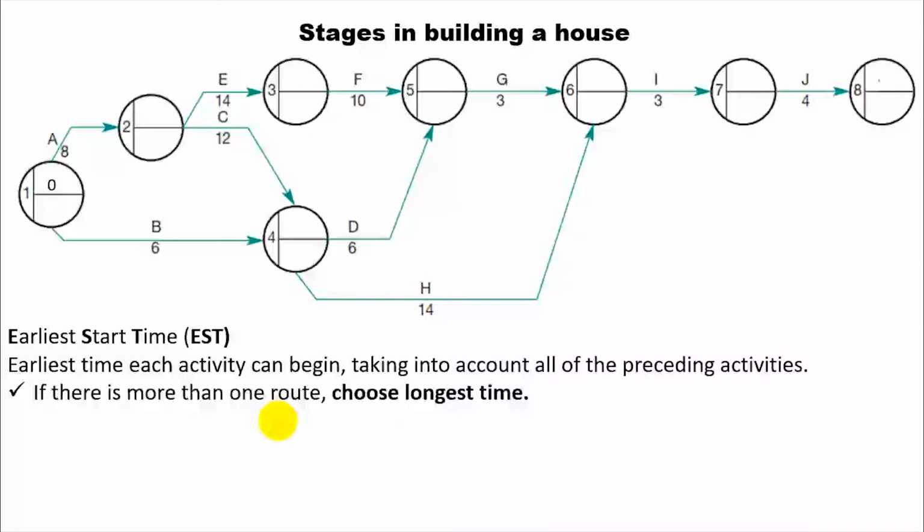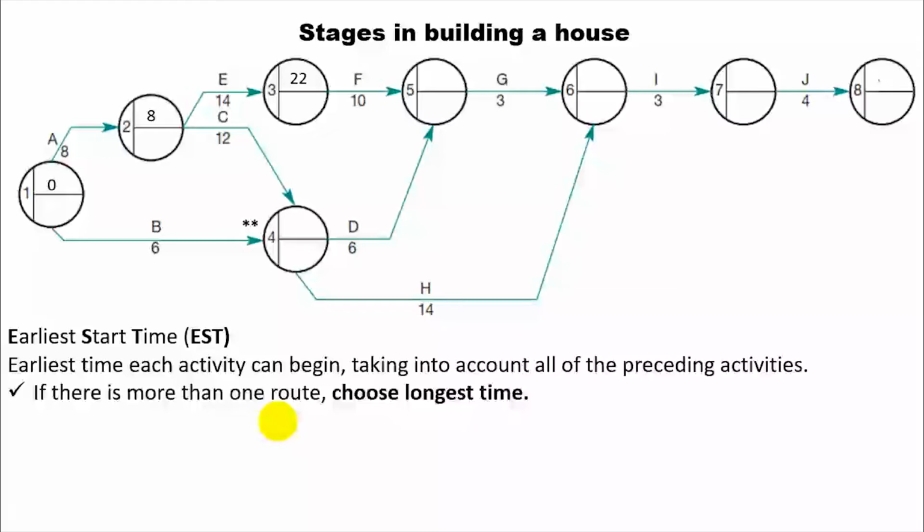Node 1's starting time is 0. Node 2 will be 0 plus the duration of activity A, which is 8. And then node 3 is 8 plus 14, which is 22.